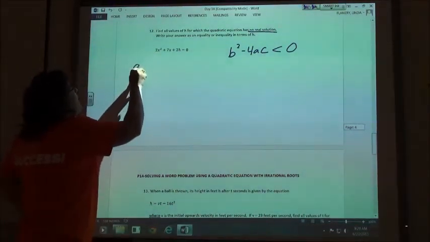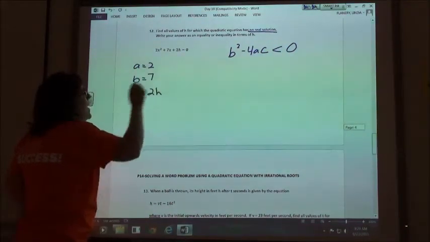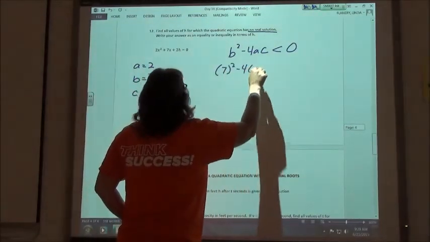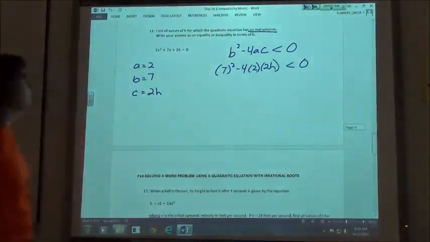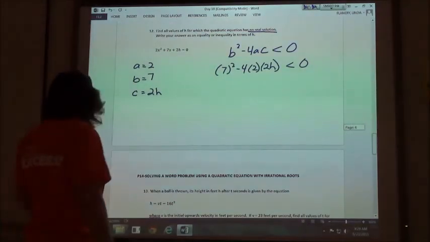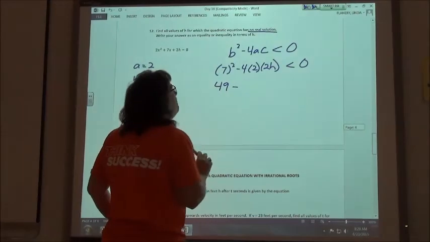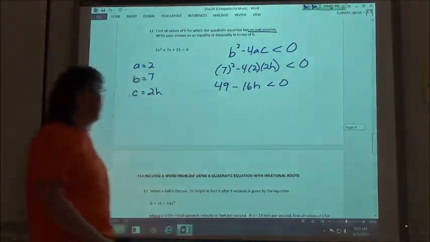And so a is going to be 2, b is going to be 7, and c is going to be 2h. So 7 squared minus 4 times 2 times 2h is less than 0. So solving that, we would get 16h is less than 0 then.